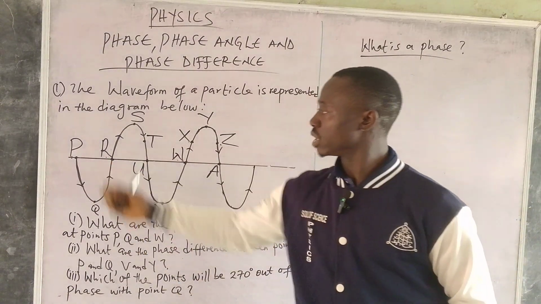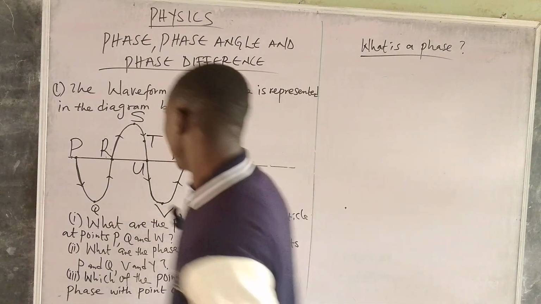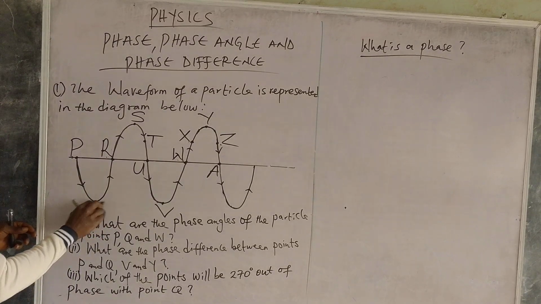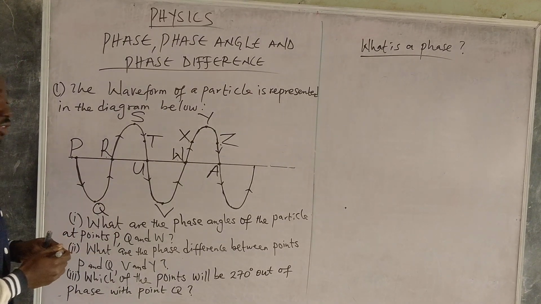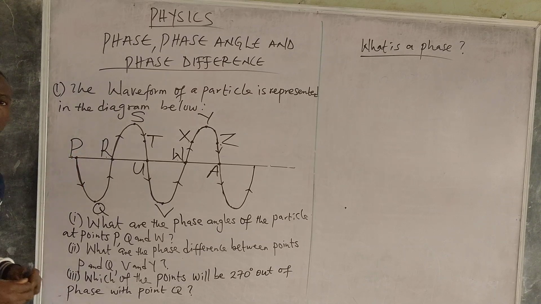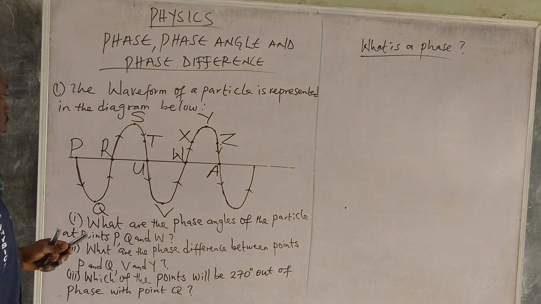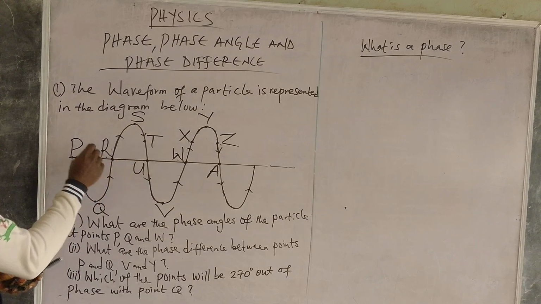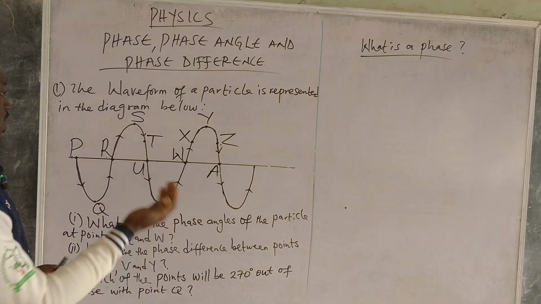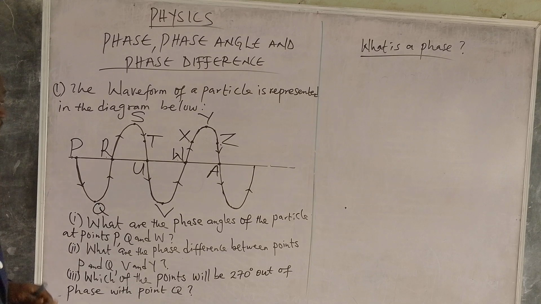For example, let's look at the diagram we have here. Which points do you think are in phase with point P? You can look at it yourself and tell me your answer according to the definition I just gave.